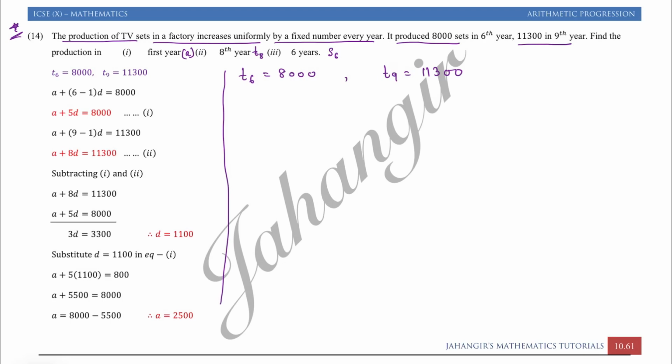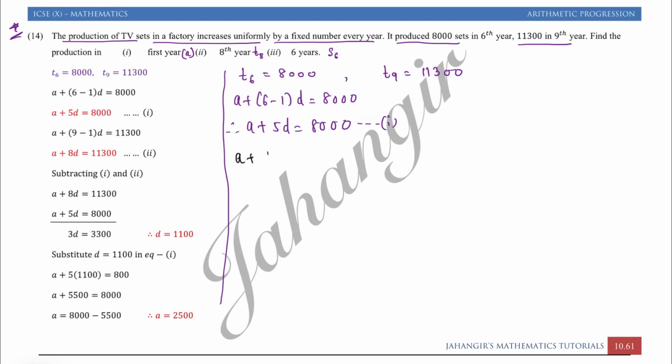So we will write T6 is A plus 6 minus 1 into D is equal to 8,000. So therefore we can say A plus 5D is equal to 8,000. This is my first equation. For the second I can write T9.